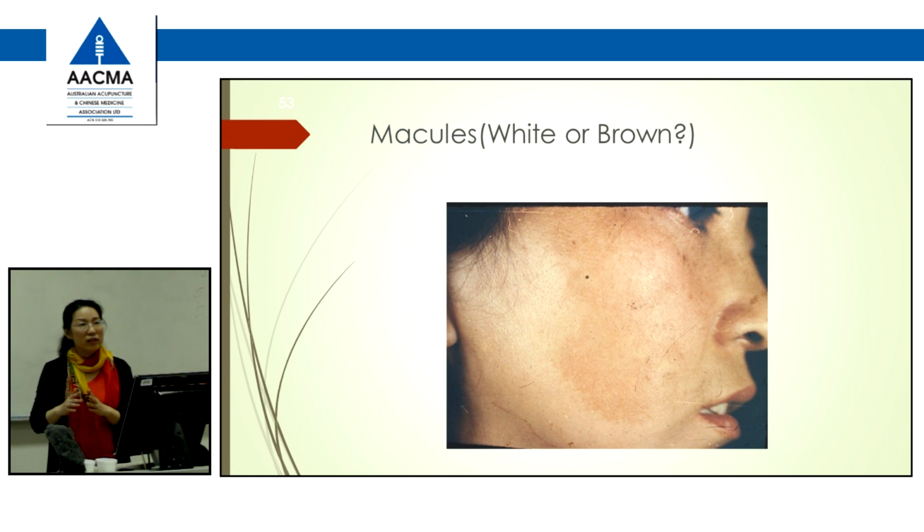She told me she went to another hospital, and the doctor told her she had vitiligo. I don't know why. Maybe the other doctor paid no attention. I don't know the reason.